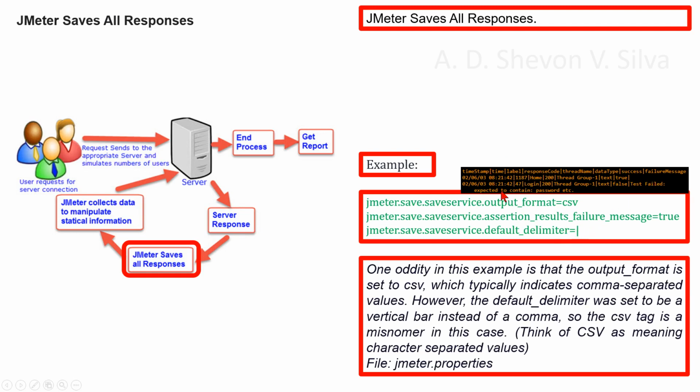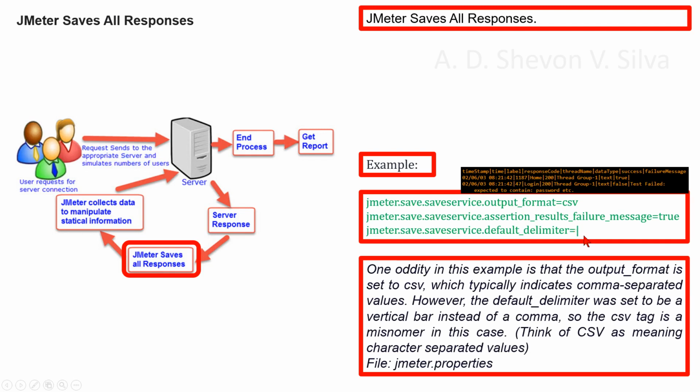This one indicates how to set properties to get vertical bar delimited format that will output results like this. This is the result, and the corresponding jmeter.properties that need to be set are shown here.